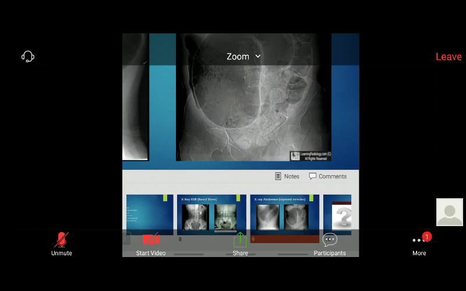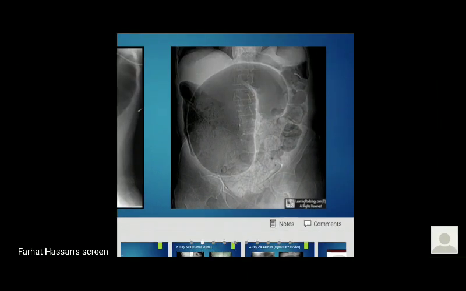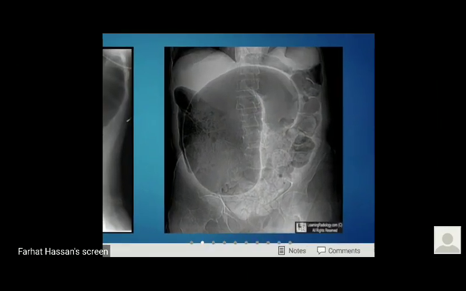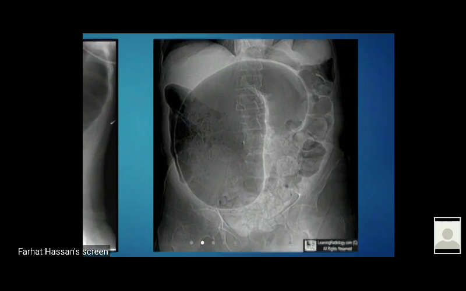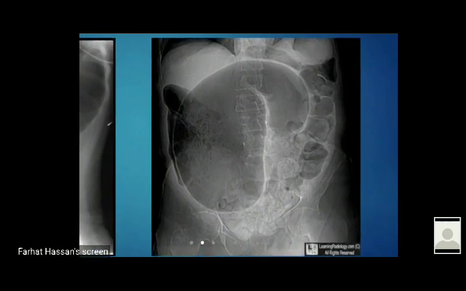We will do flexible sigmoidoscopy and insertion of a flatus tube. Okay, by sigmoidoscopy you can decompress it. It is the immediate treatment. So what is the definitive treatment? Sigmoid colectomy or sigmoidopexy. After resuscitation, the definitive treatment is emergency surgery.